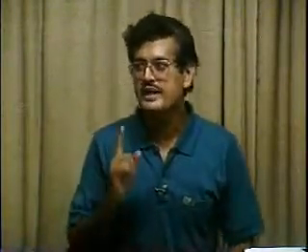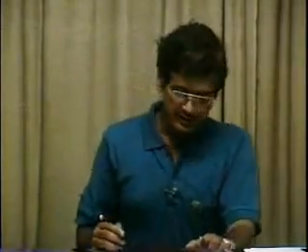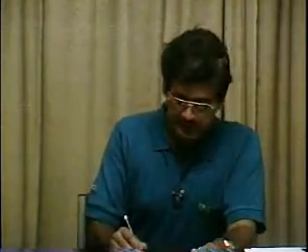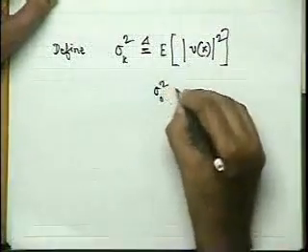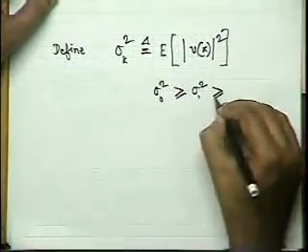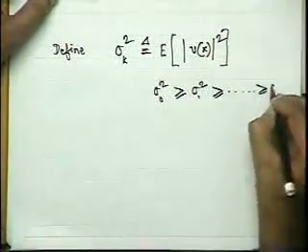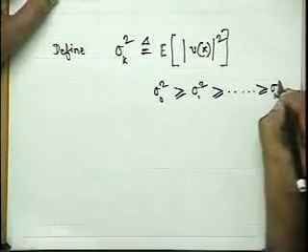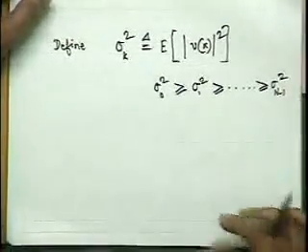So, if we are defining the transformation matrix that way, then it follows that the sigma square k will also follow the property sigma 0 square is greater than or equal to sigma 1 square is greater than or equal to, and so on up to sigma square n minus 1.